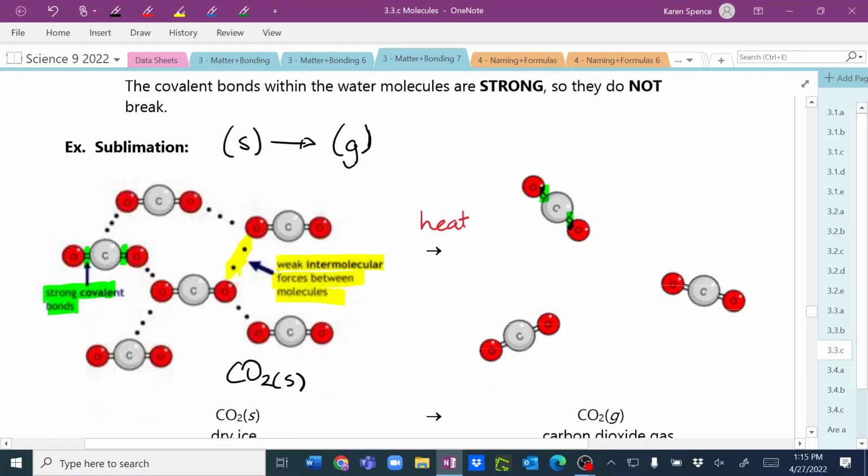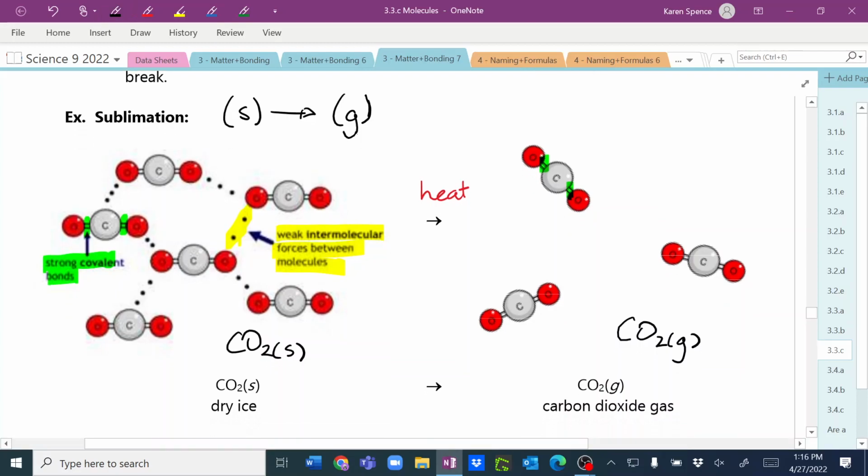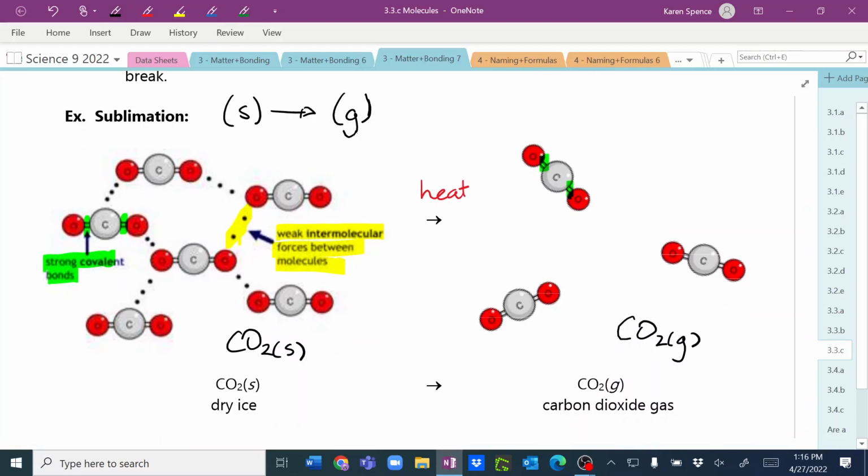And this would be CO2 gas. That's why if you ever see CO2, it sort of gives off this mist. It's quite exciting.